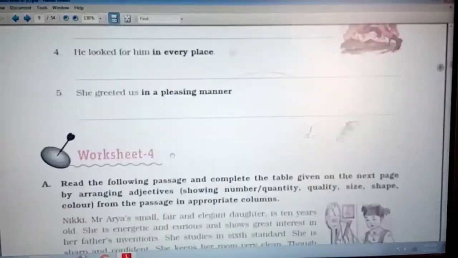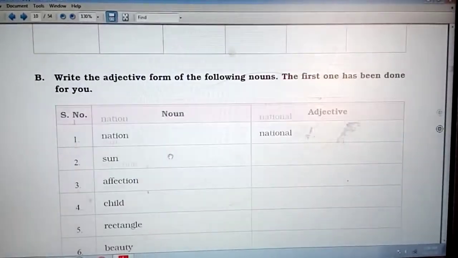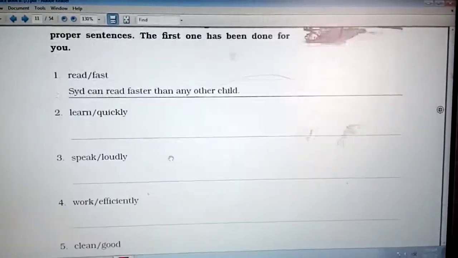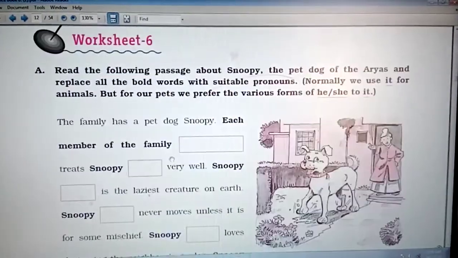This time we have to study about the pronoun through worksheet number 6.